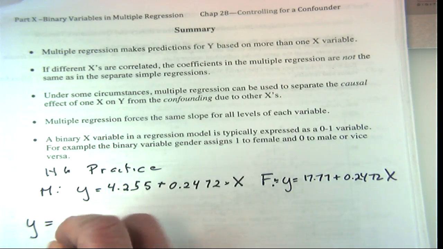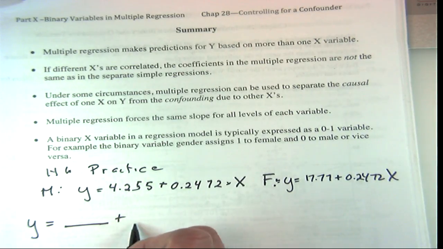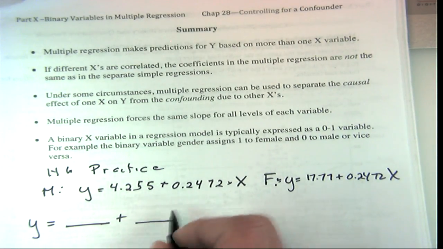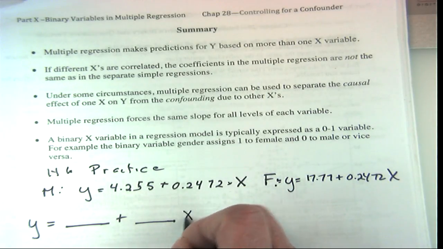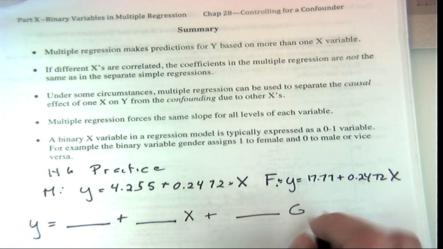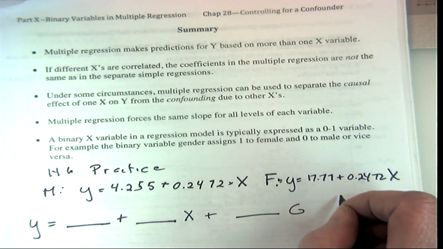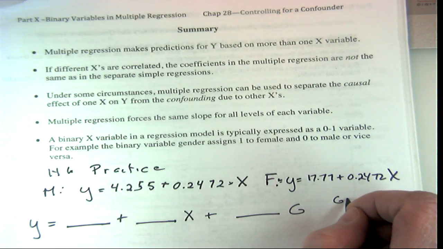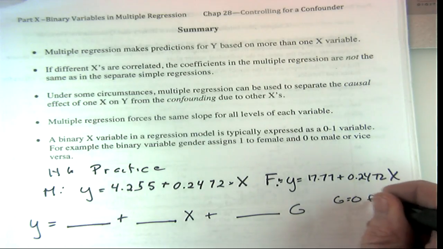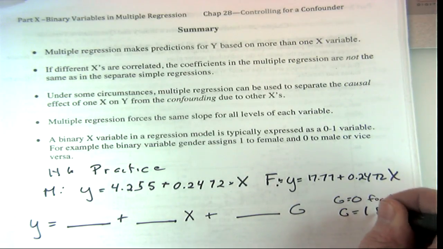That's the same thing, but we're going to say, fill in the blanks here: what intercept, plus what times x here, plus something times gender. We're going to code gender so that G equals 0 for males, and G will be equal to 1 for females.